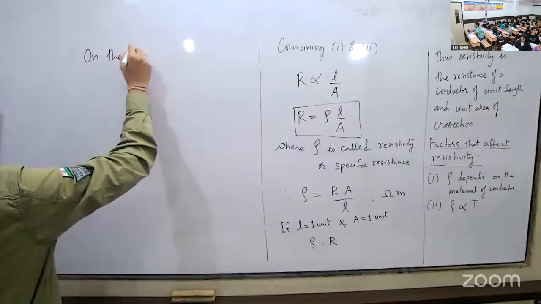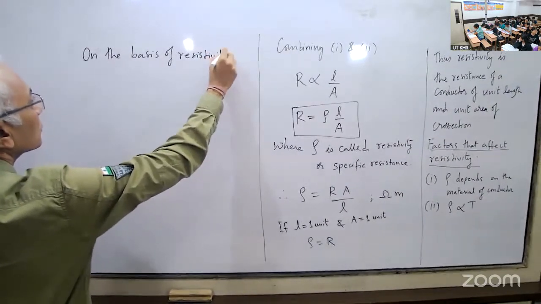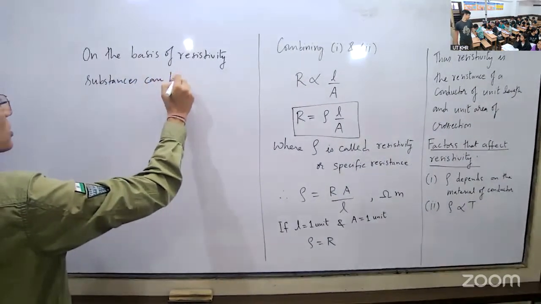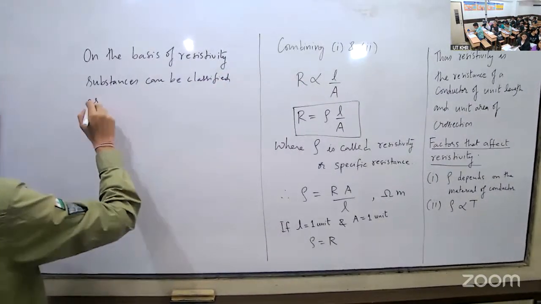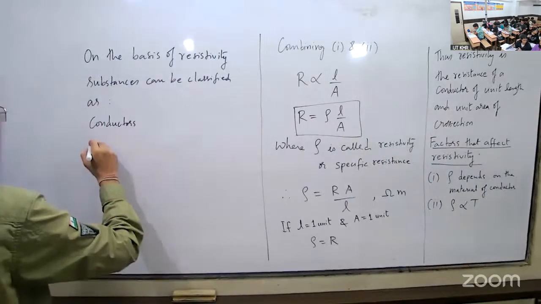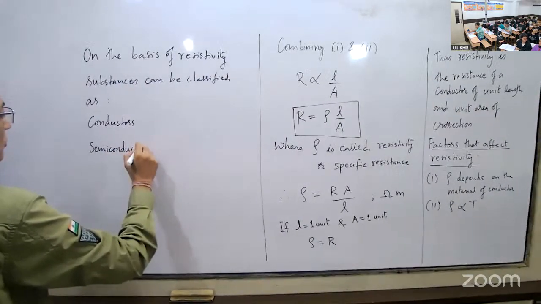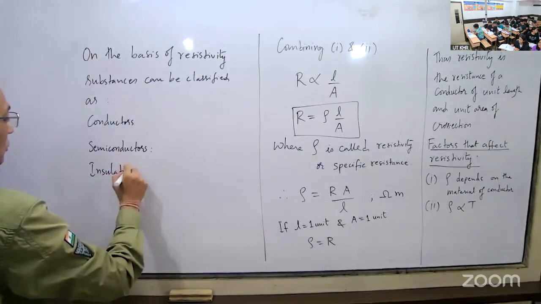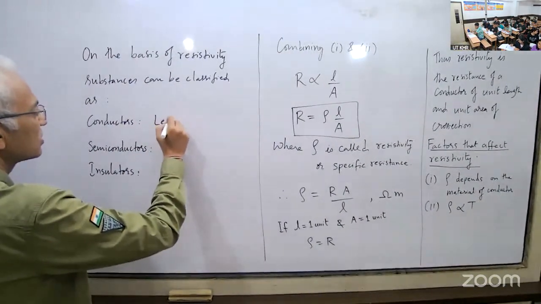So on the basis of resistivity, substances can be classified as conductors, semiconductors, and insulators. Conductors have the least resistivity.